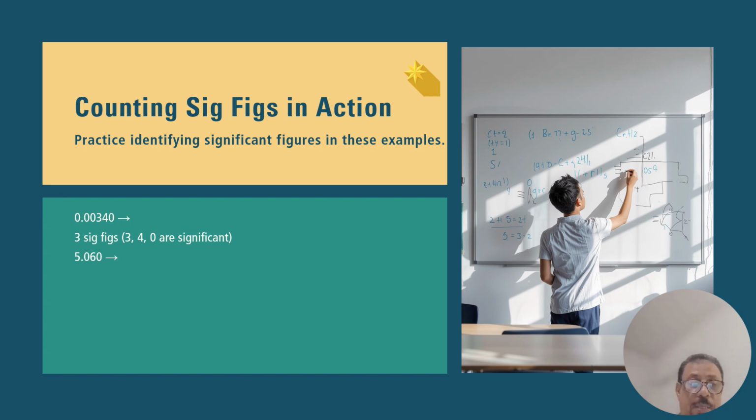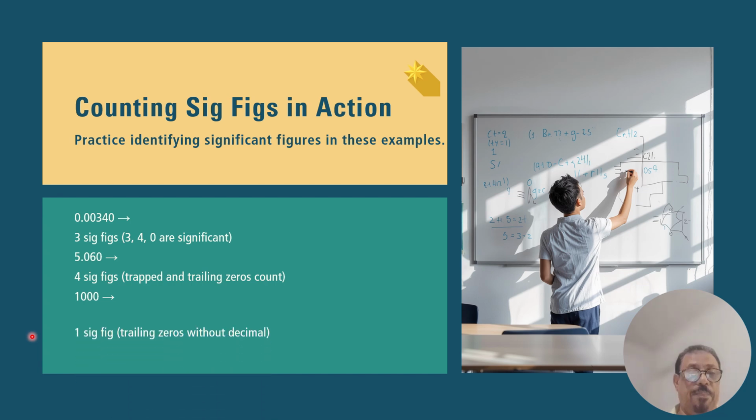This trapped zero is significant. Also the zero after the decimal point. So they are 4. Let us see the other example. 1000, I told you before, trailing zeros are not significant. So we have 1 sig fig.